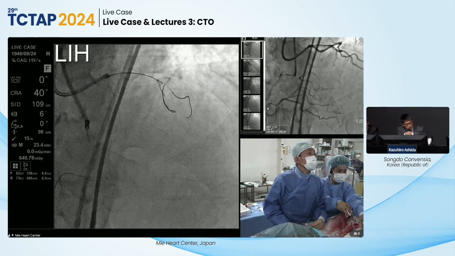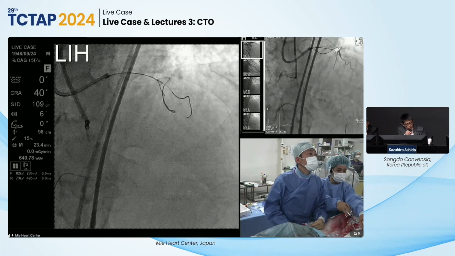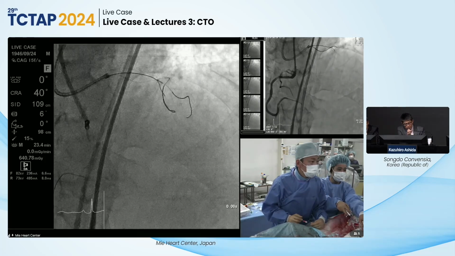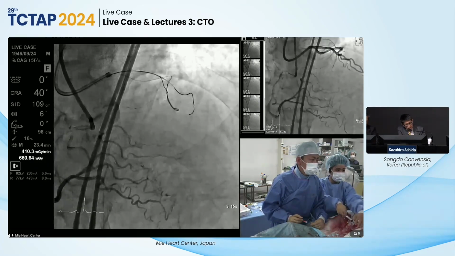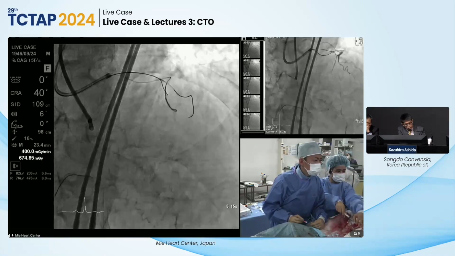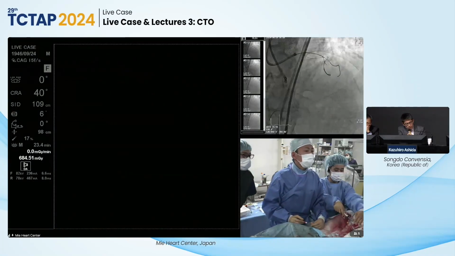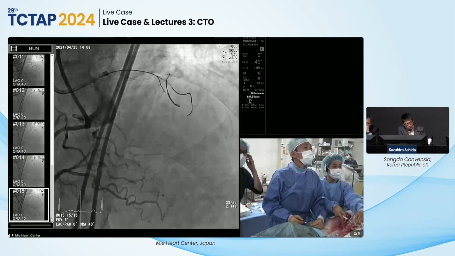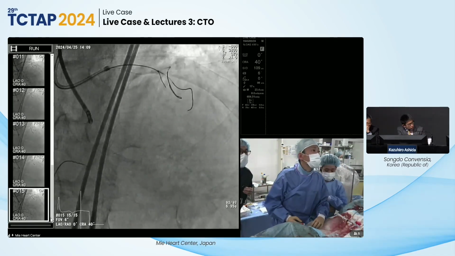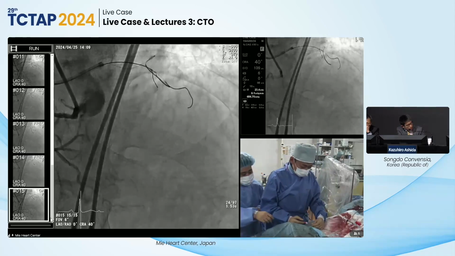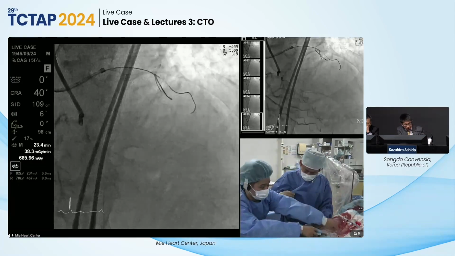But IVUS reveals the entry point of the CTO has blood flow, so a softer wire may be useful, but the proximal LAD is a large vessel, so I am afraid the wire will prolapse to the diagonal branch. So I use the Gaia Next second or third for the puncture wire.